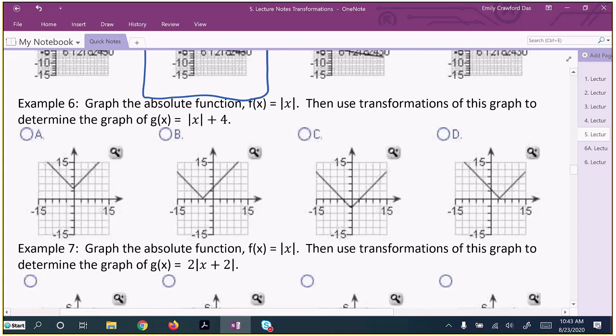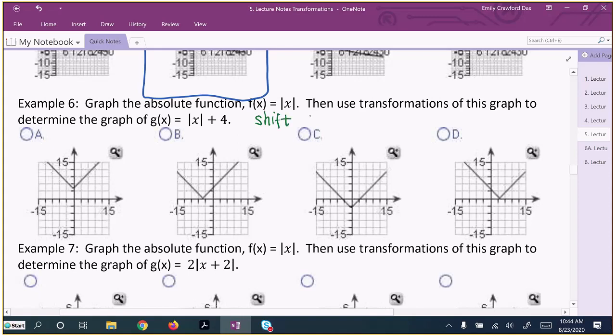Example 6, we start with the parent graph, absolute value of x. And the transformation, g of x, is absolute value of x, and outside of the absolute value, plus 4. So this is affecting our y-coordinate. So we know that because it's addition, it's going to be shift up or down. And which one do we choose?